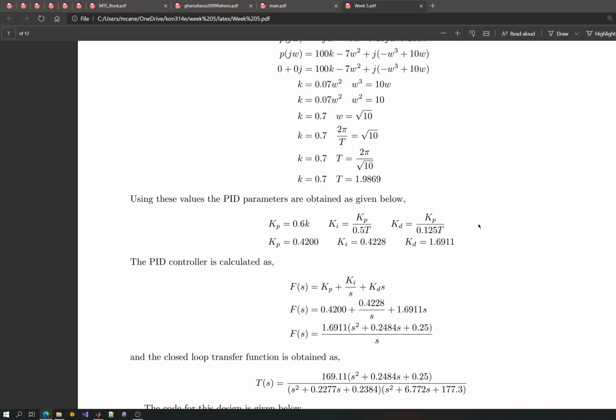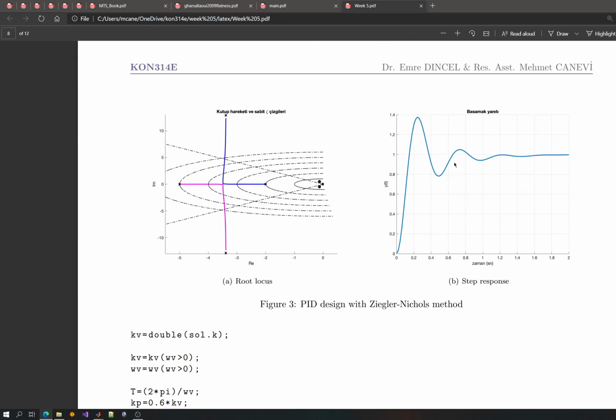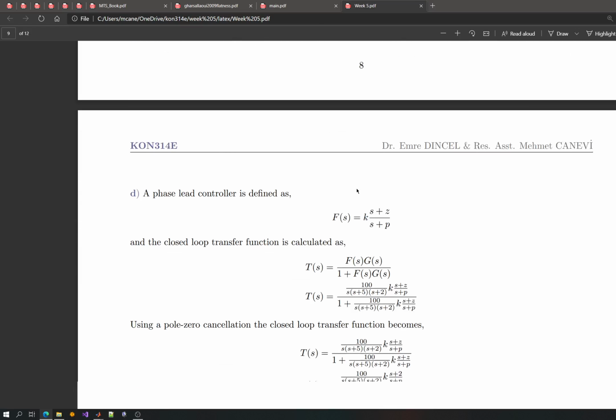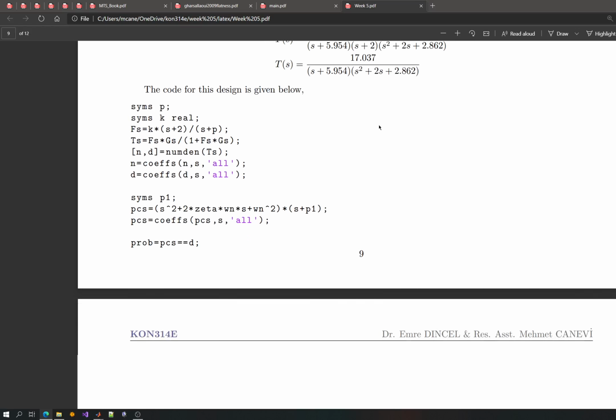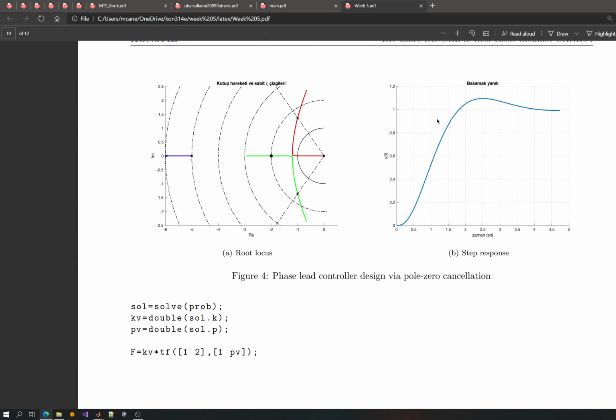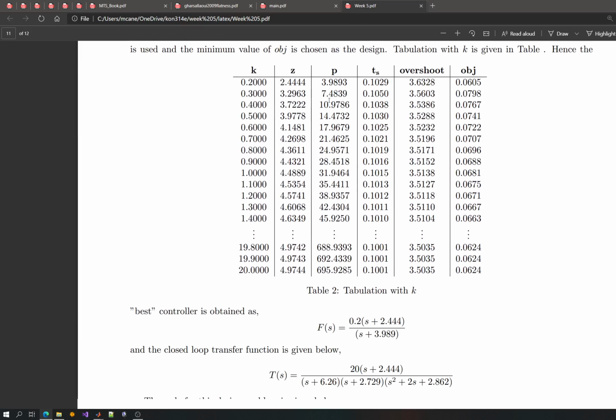So this will give you a controller that looks like this, and as I've mentioned before, it will have a high overshoot and an interesting settling time, so you might not want to use this, but you have to know how to tune using that. The PID controller looks like this, the resulting closed loop, the corresponding root locus, and the step response, and the same for the tabulation method.